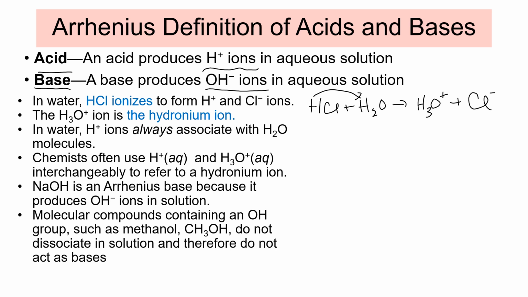And so you get something called the hydronium ion. Now you might like to think about it as HCl breaks into H+ plus Cl-. And that's just fine too. There are two different ways of showing the same thing, because the H+ and the H3O+ are really the same thing. It's just two different ways to show it.